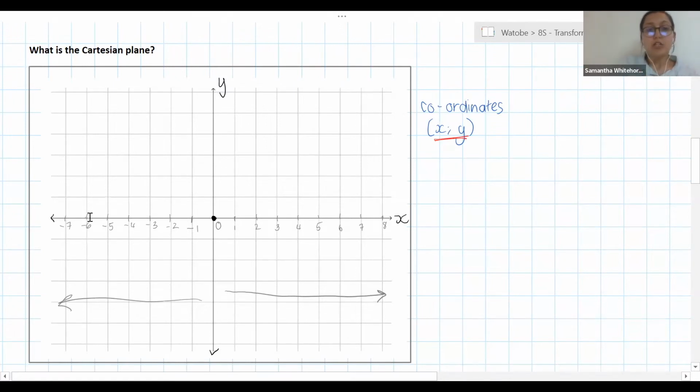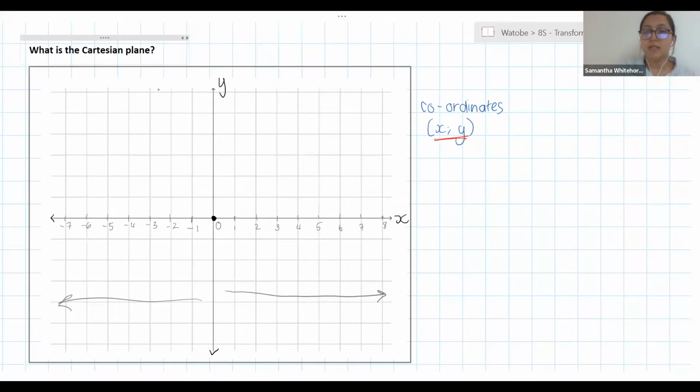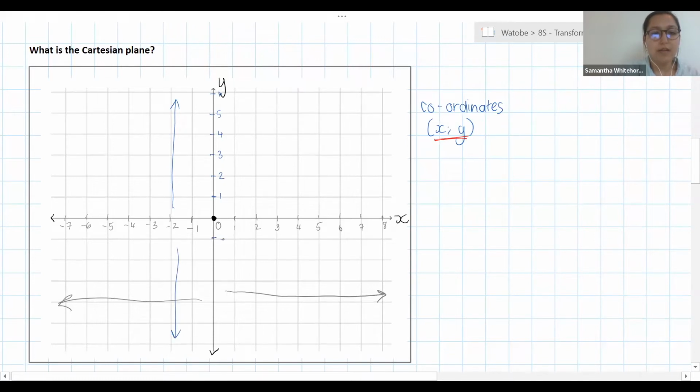Okay, so that's along my x-axis. If I now think about my y-axis, if we go in an upwards direction, that in my mind means positive. So as I move along in an upwards direction on my y-axis, those are all of my positive values. And when I move down my y-axis, those are all of my negative values.